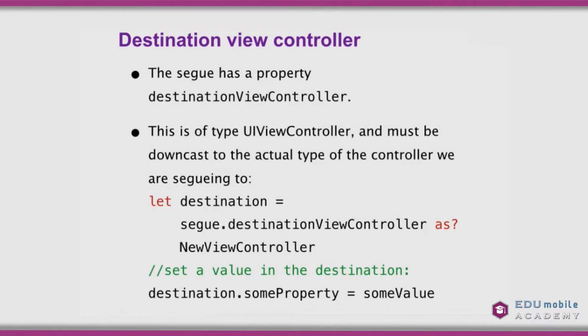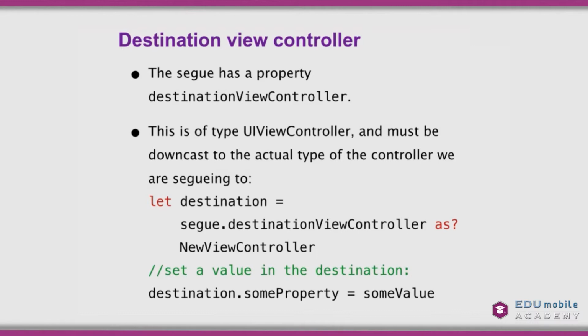As? gives us back an optional form, and then whatever the type of the new view controller is, second view controller, detail view controller, whatever we've called that view controller subclass. Then we can set a property in the destination. So destination.someProperty is equal to some value that we want to pass.